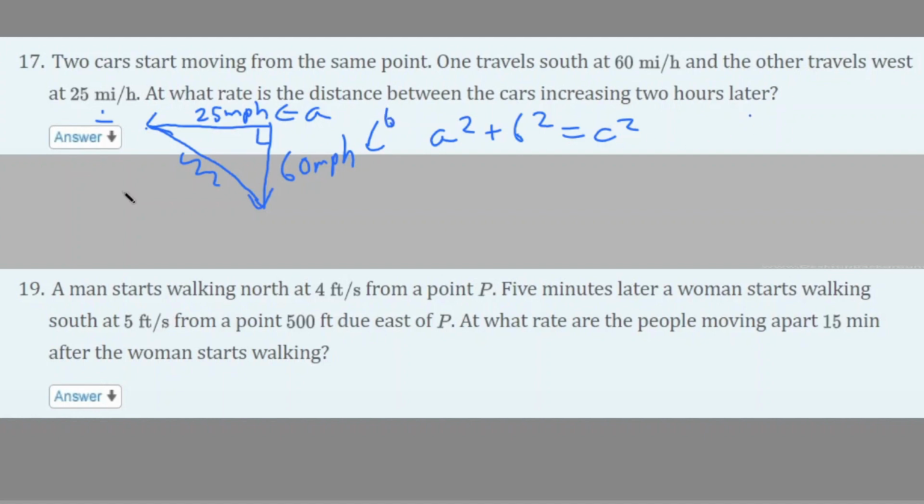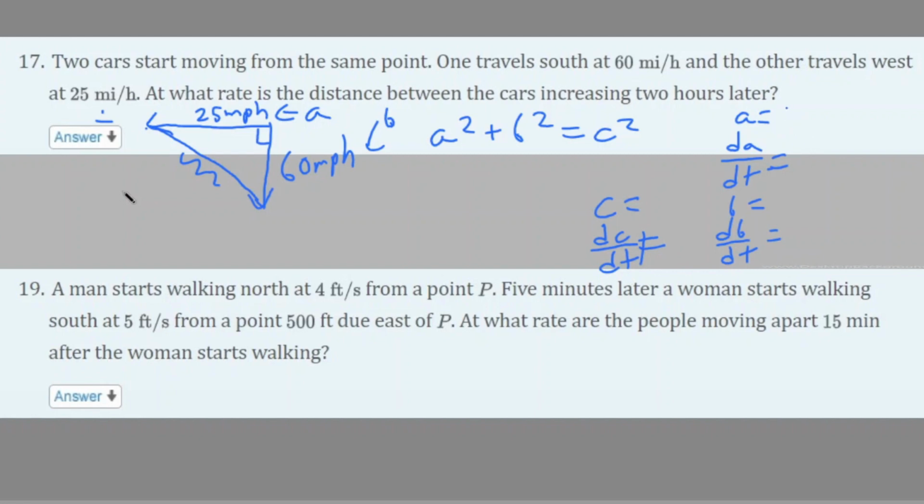Let's write out what we know: A and dA/dt, B and dB/dt, and let's also write down C and dC/dt.